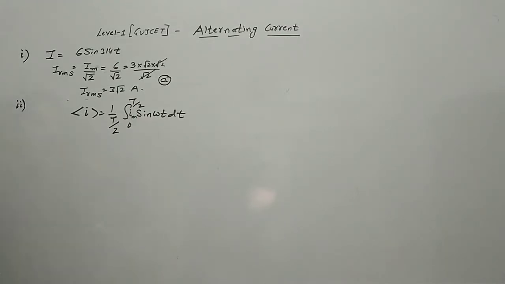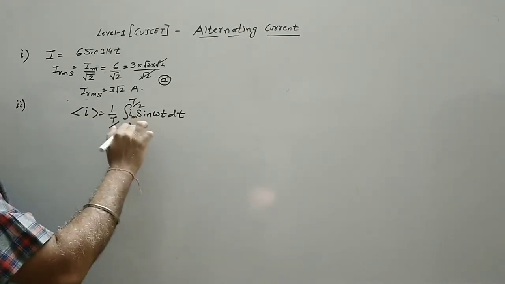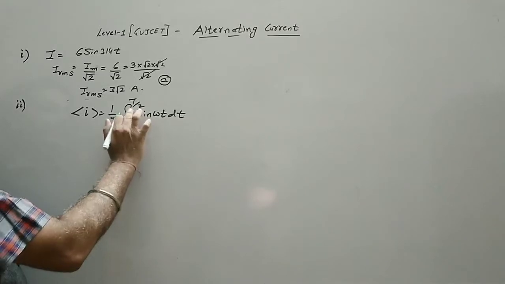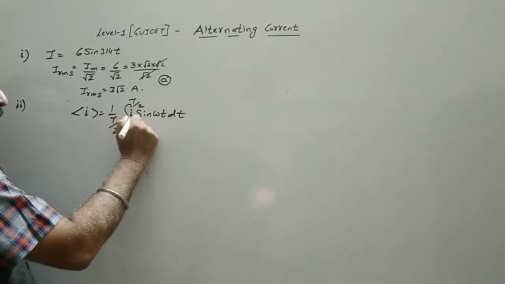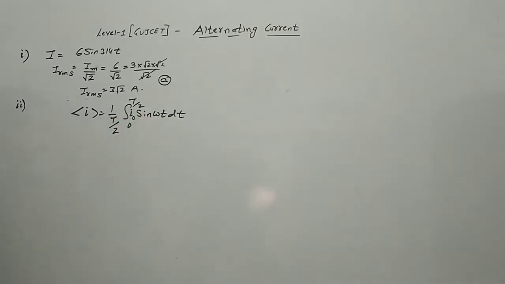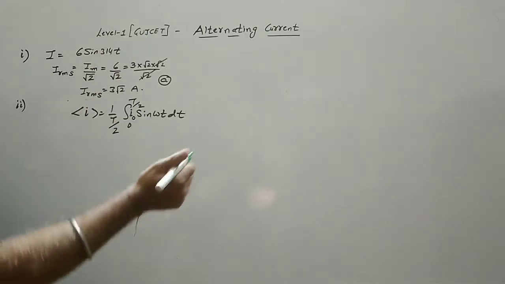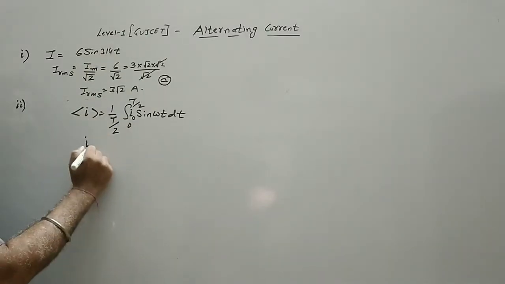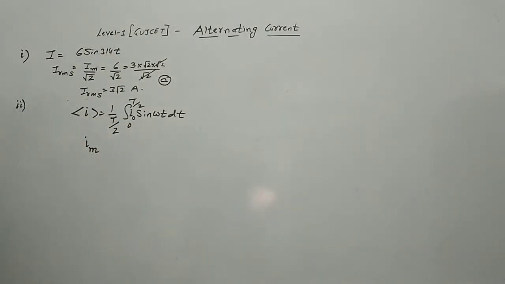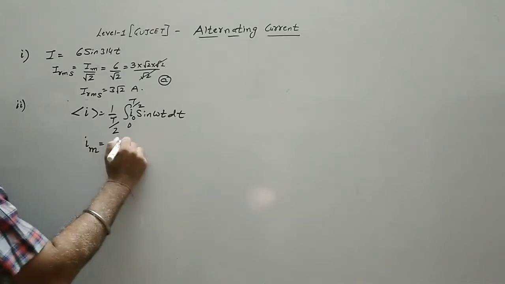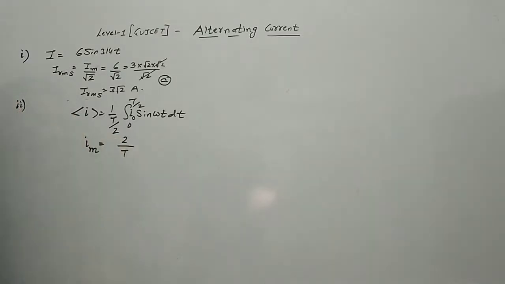Now see the symbol, because in the option the mean is represented by Im, I am writing this amplitude symbol as I naught and this mean as Im. I have to find the relation between the average value and the IRMS value. So this, as per the symbol, is mean or average. This is equal to 2 by T. So 2 is taken in the numerator.